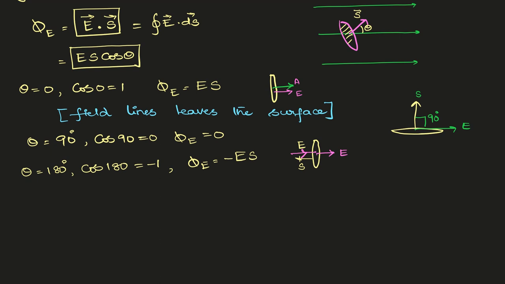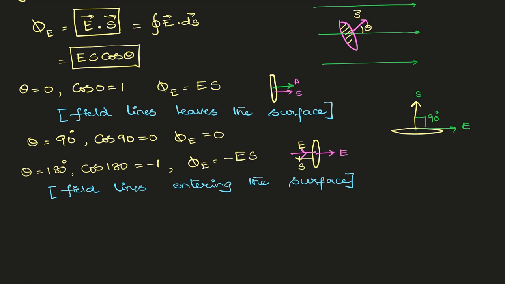So if field lines are entering the surface, we have to take that flux as negative.